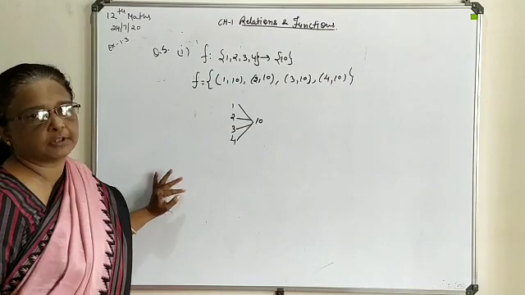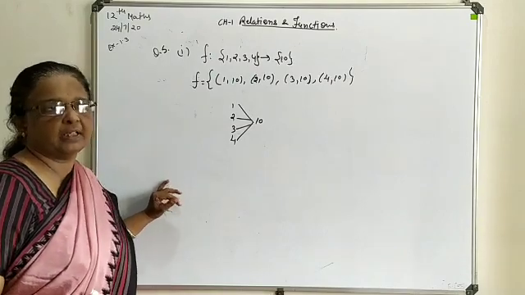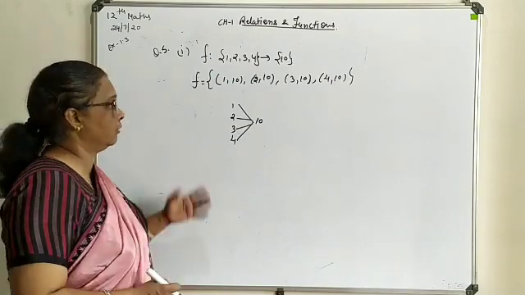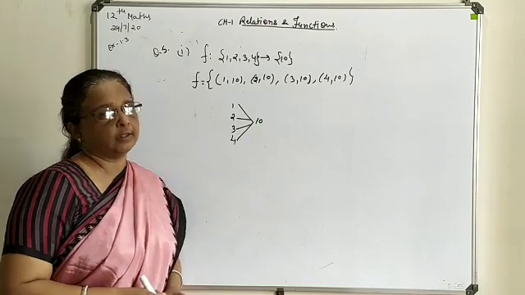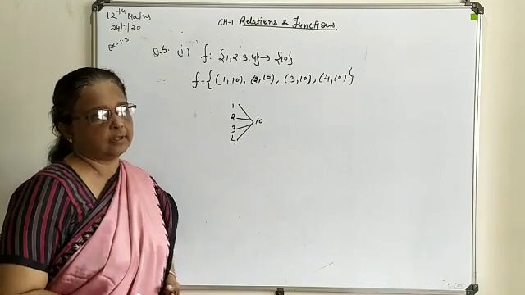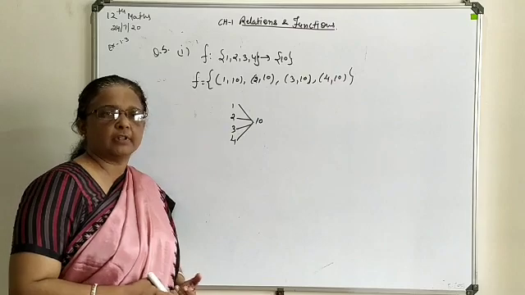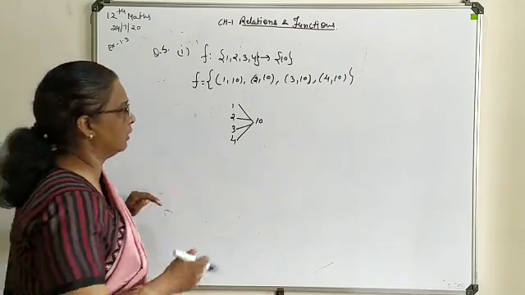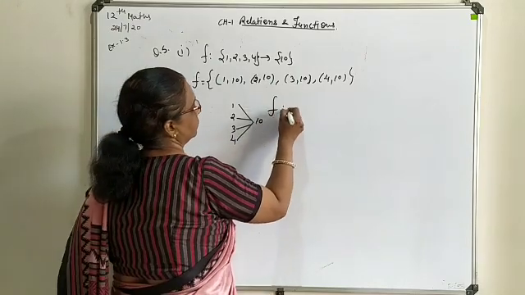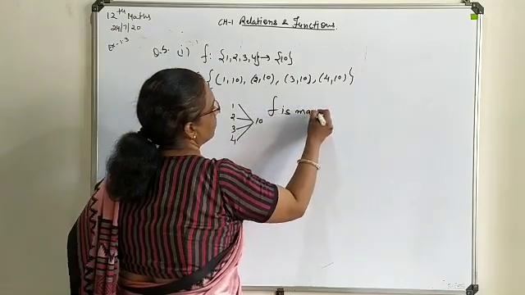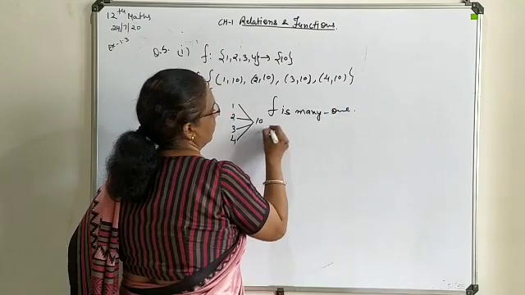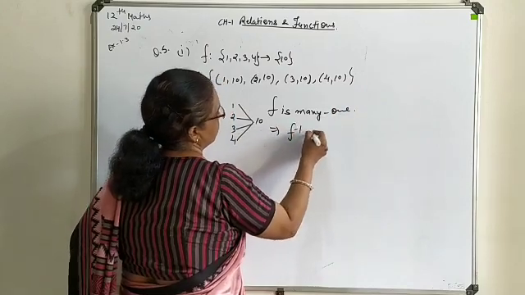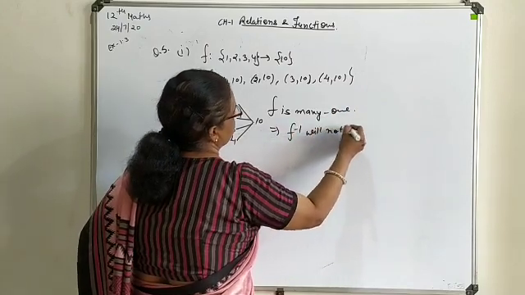So in this case, your function can be considered as many-one, and if your function is many-one, it can't be onto in normal cases. There are some exceptional cases in which it is possible, but in our case this is not possible. So here your function is many-one, therefore f inverse will not exist.